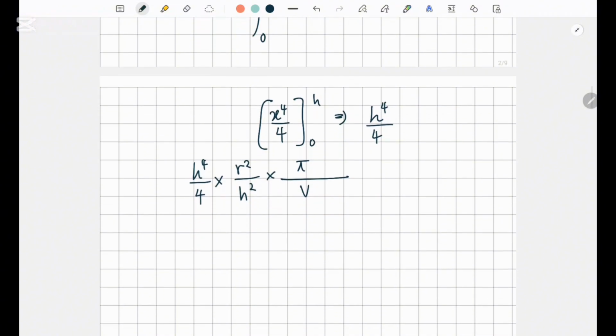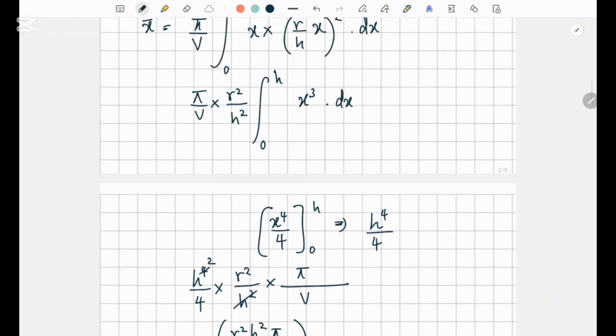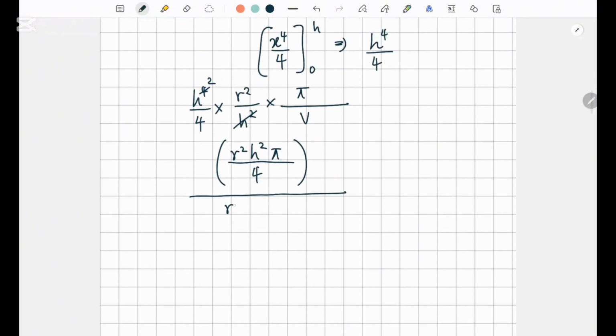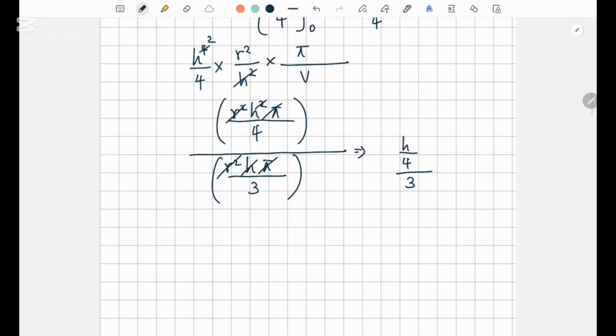Now you can see the h terms cancel off. You get r squared h squared pi over 4, and you divide the whole thing by the volume. The volume we found previously was r squared h pi over 3. Now r squared cancels off, the h terms cancel off so you have one h remaining, and you cancel off pi, so you have h over 4 over 3, right? So it's going to be 3h over 4.